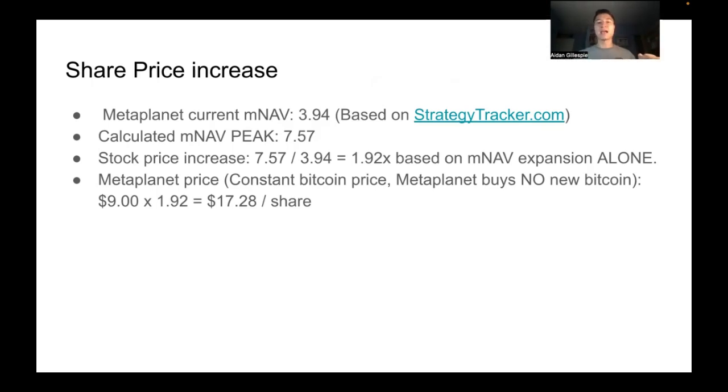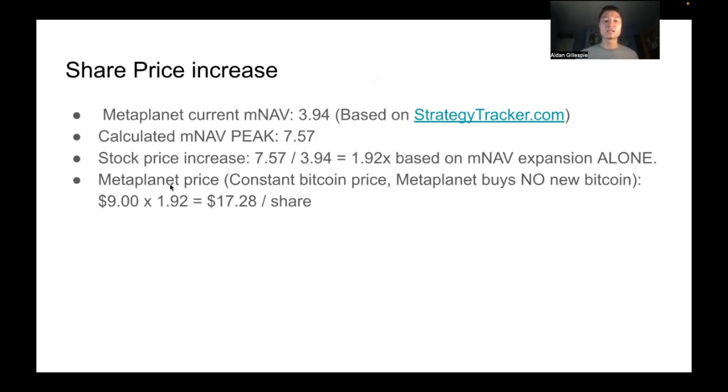The bottoms in MNAV are going to get lower over time. I'm just expecting that the next peak is going to be a little bit lower than the previous peak, and this next peak will trade at an MNAV of around 7.57. That's my expectation based on MNAV compression, based on the models that I have created.